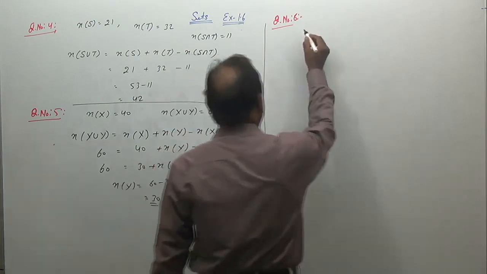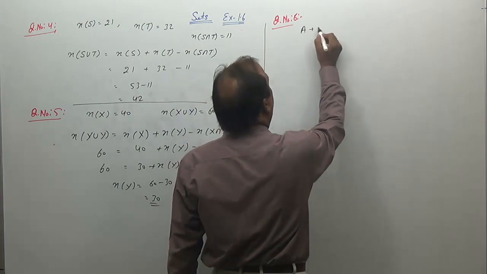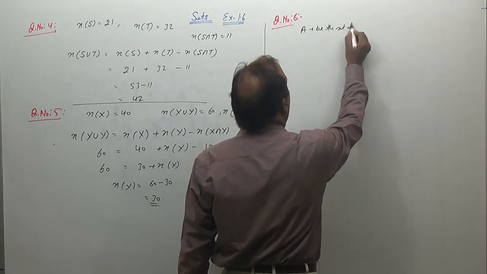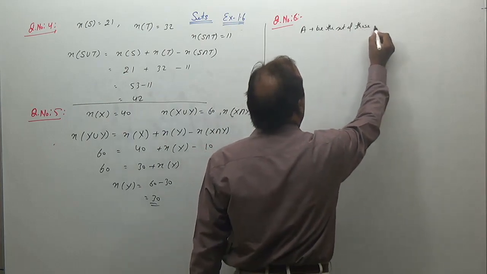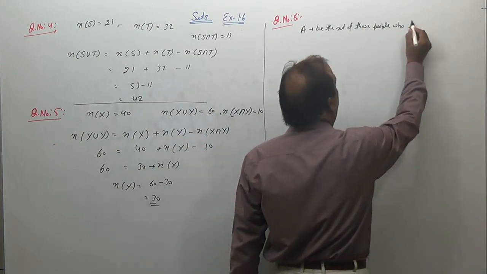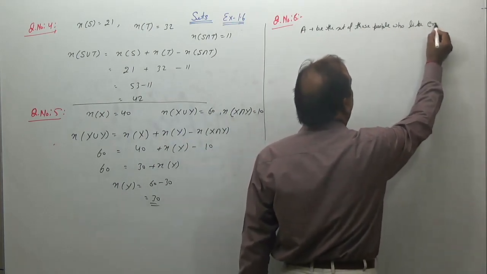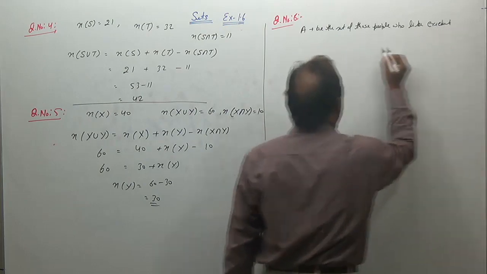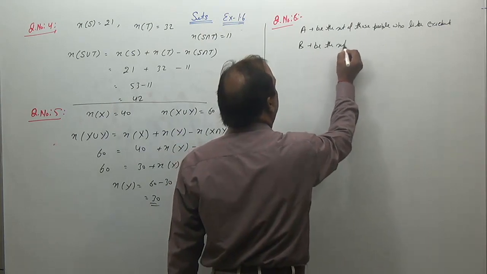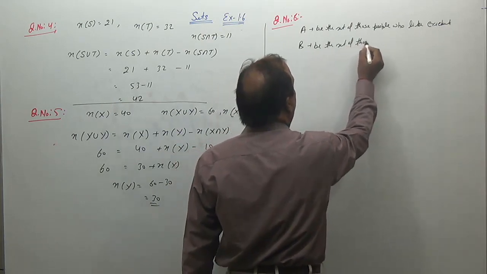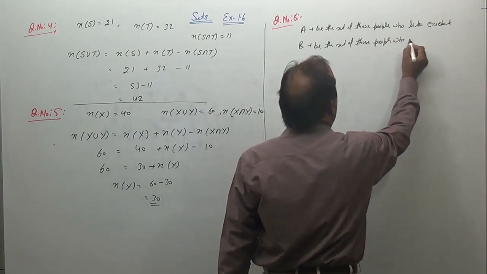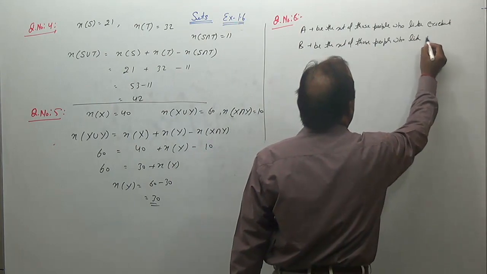So first of all, define the set. A be the set of those people who like cricket, and B be the set of those people who like tennis.